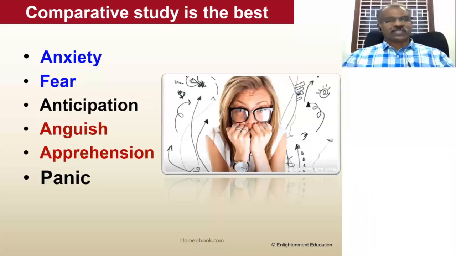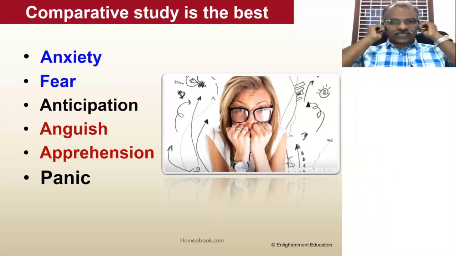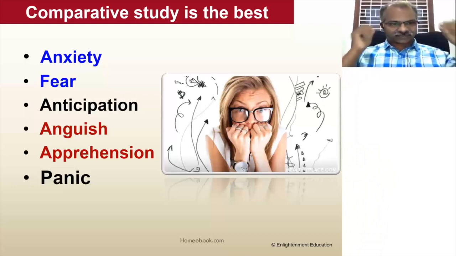Now, what is the denotation of anticipation? This is also another type of anxiety, but the medicines are entirely different. Anticipation means anxiety for a good thing. I will give a good example. A student has written the examination very well, and he himself knows that he will get the first rank or an A plus.